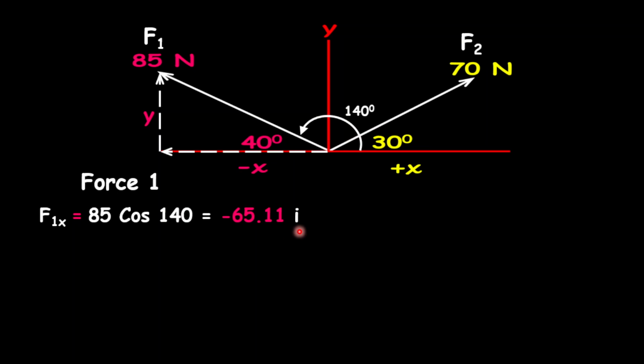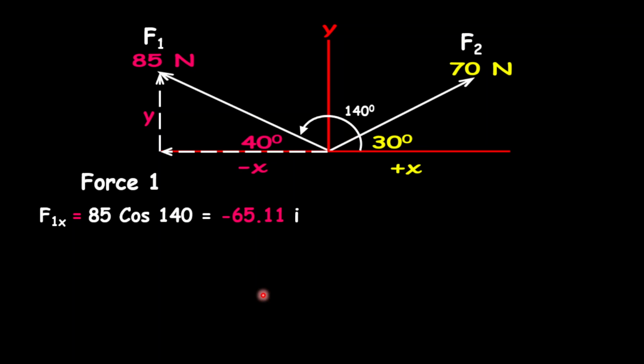What is important here is that we use 140 because this is the direction of this vector. However, you can use the 40 degrees, but you will get this value in positive form, and you have to remember to put your negative sign there. So you could say 85 cos 40, you'll still get the same answer, but it will be a positive value, so you have to change it into the negative form.